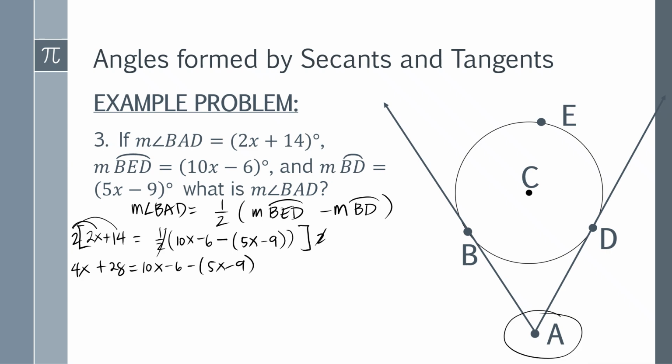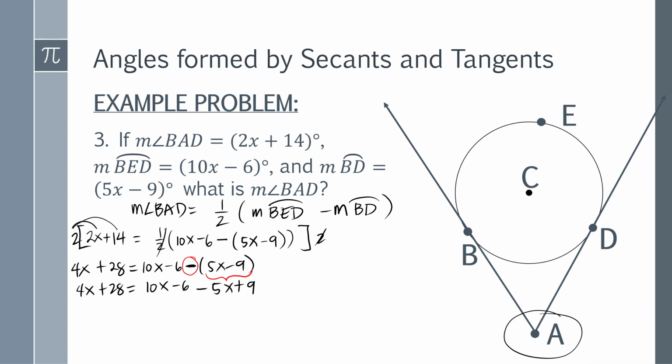Our next step, since there is a minus here, as you can see in the circled red one, is to change the sign of all terms in the parentheses. In such a way, we can rewrite this as 4x plus 28 equals 10x minus 6 minus 5x plus 9.